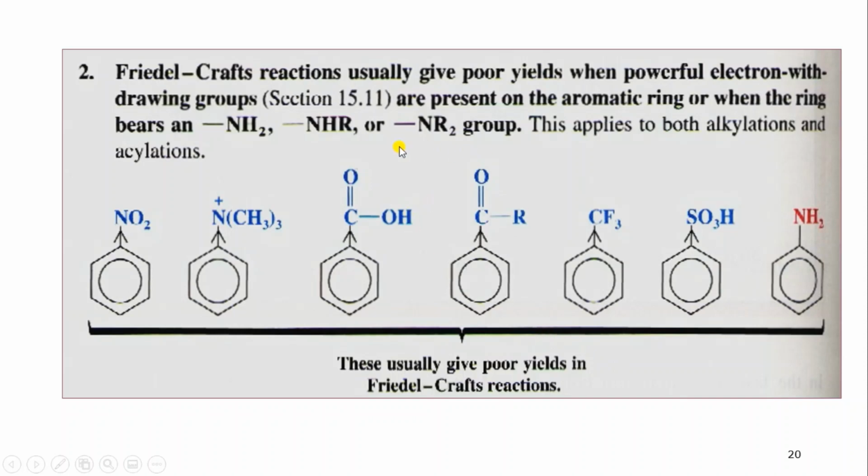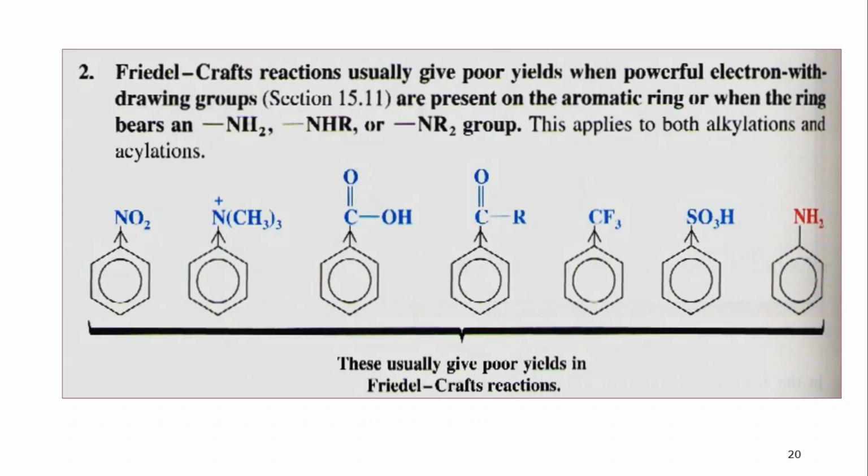What about the electron donating and electron withdrawing groups if they are already there on the benzene ring? Whether that will facilitate the Friedel-Crafts alkylation, or it will retard the rate of the reaction? Well, the answer for this reaction is that we are expecting the benzene ring to be more electron rich.